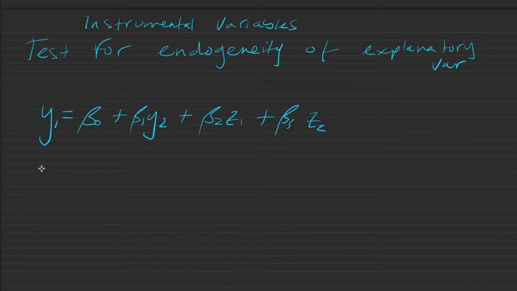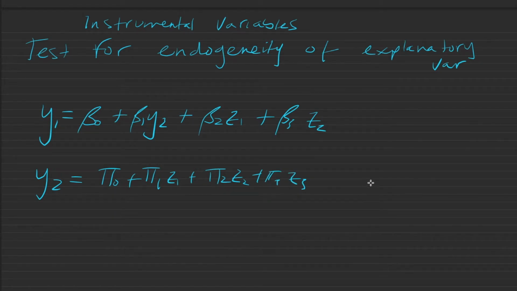So we can write y2 in the first stage equation is equal to pi naught plus pi 1 z1 plus pi 2 z2 plus pi 3 z3 plus pi 4 z4 plus u2.